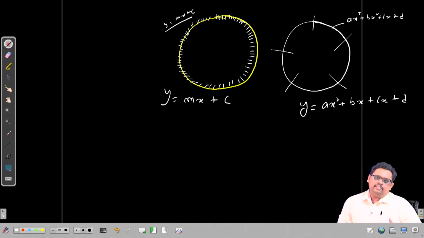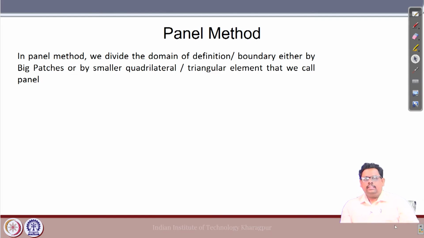So, this is the difference between the big patches and the small segments. When you approximate by a straight line, you have to take segments really small so that visually you cannot make out whether it is circular or polygonal. However, if you use higher order functions, then the same thing you can draw with a lower number of panels, because the function already takes care of the curvature. So, this is what we mean when we talk about the big patches.